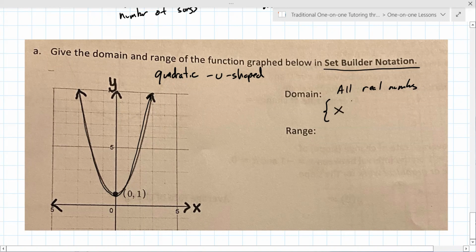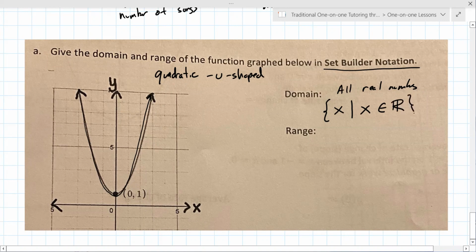Then you write this vertical line, which means such that. And then this little E, a Greek letter, means element of. This is always the same.